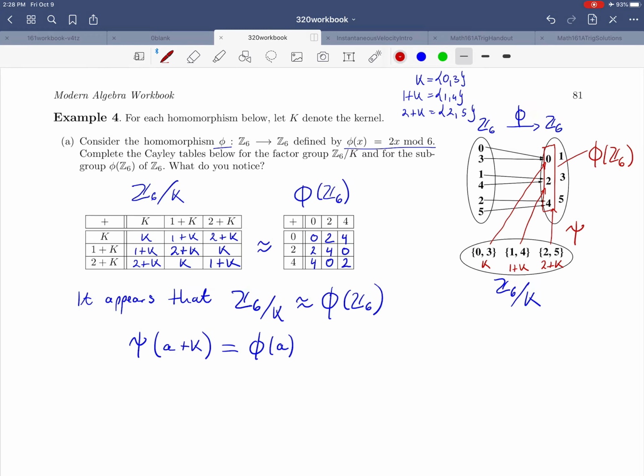So if we declutter a little bit, we have the following thing going on. We have Z6 mapping to Z6.